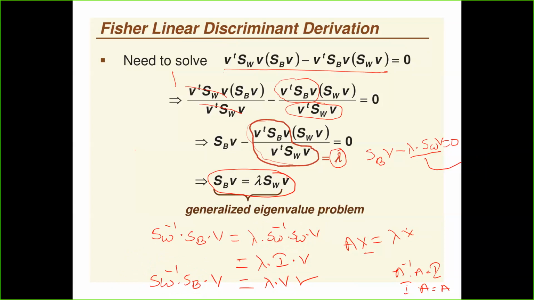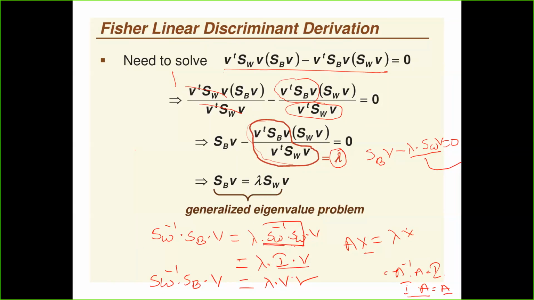So now I'm multiplying it with SW inverse on both sides. Can I do that? Yes, sir. So now this is SW inverse times SW. What is it? A inverse times A? It's an identity matrix, right? So I am replacing this with the identity matrix, and anything multiplied with the identity matrix is equivalent to that.